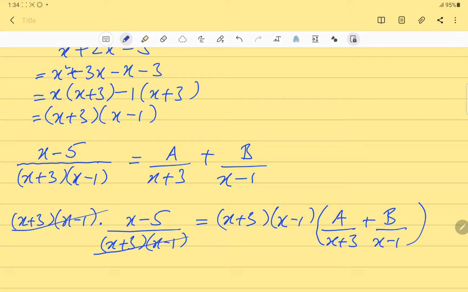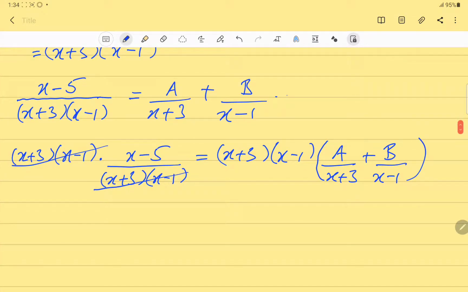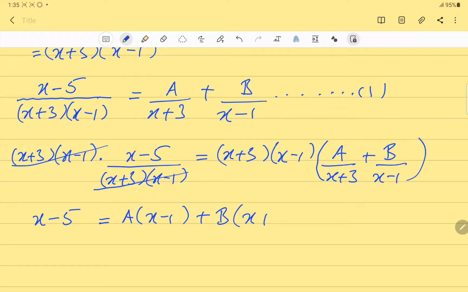This cancels with this. We forgot to write our equation number. So we are left with x minus 5 is equal to a into x minus 1 plus b into x plus 3.